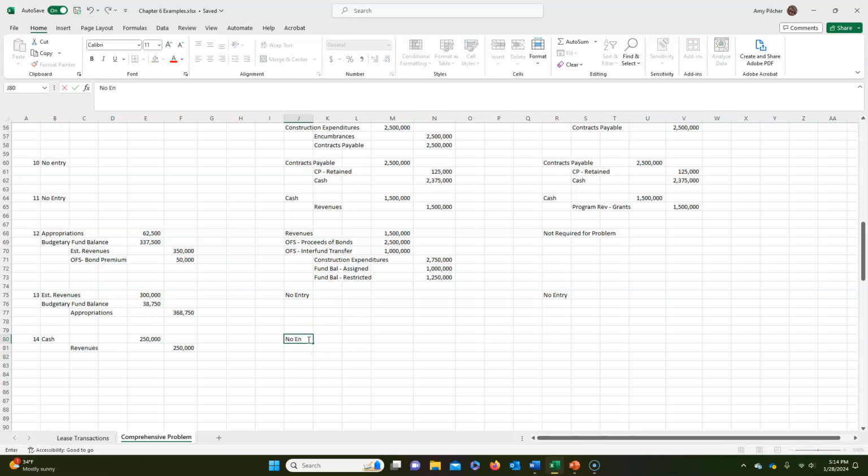There is no entry in the capital projects, and in our government activities, we received cash of $250,000 in the form of general revenues, taxes, or sales taxes.